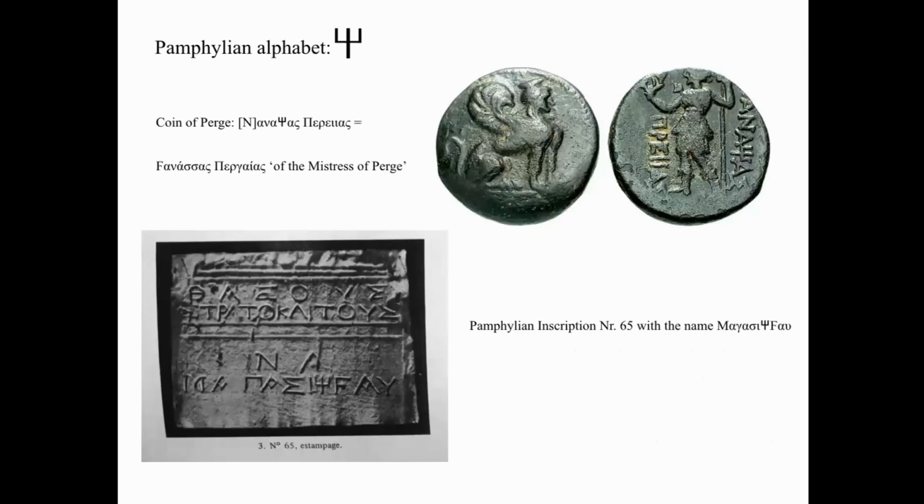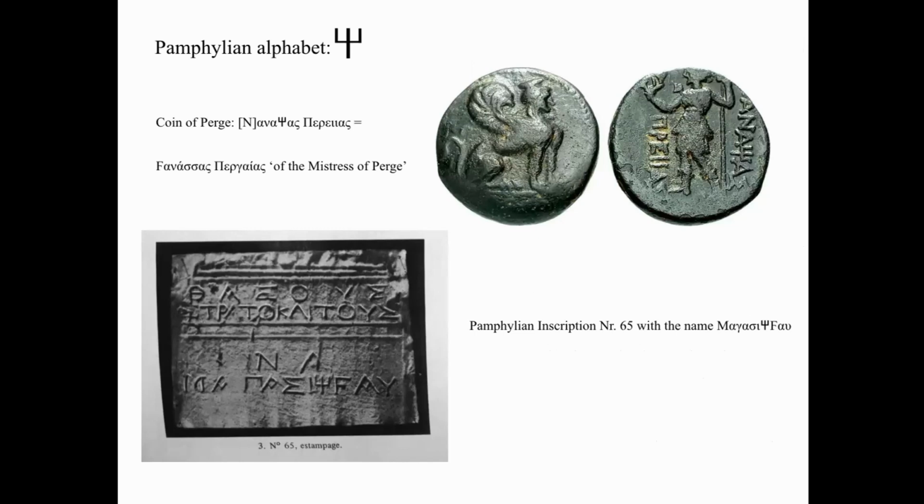Okay, so now, as briefly as possible, let's go to the wider outlook, and discuss what it means, the interpretation of this letter for the history of the Anatolian alphabets.